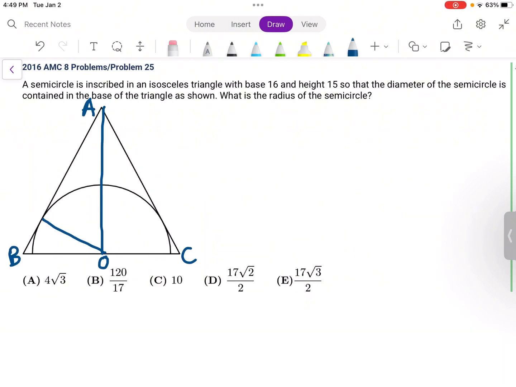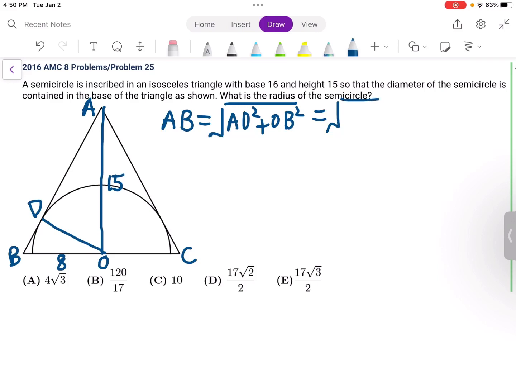Let's assume this point is D. Now we know that AO's length is 15 and BC is 16, therefore BO is 8. Because AO is perpendicular to BO, the length of AB equals the square root of AO square plus OB square, which equals the square root of 8 square plus 15 square, and it equals 17.